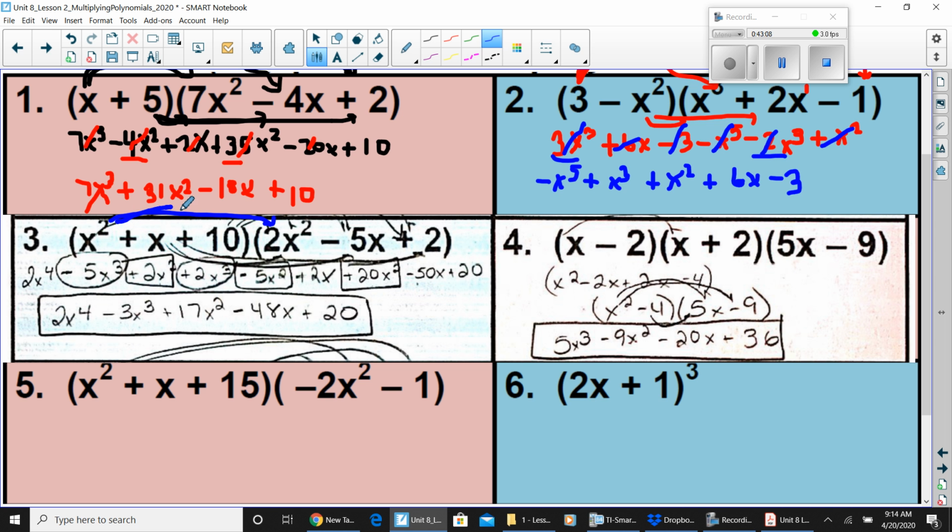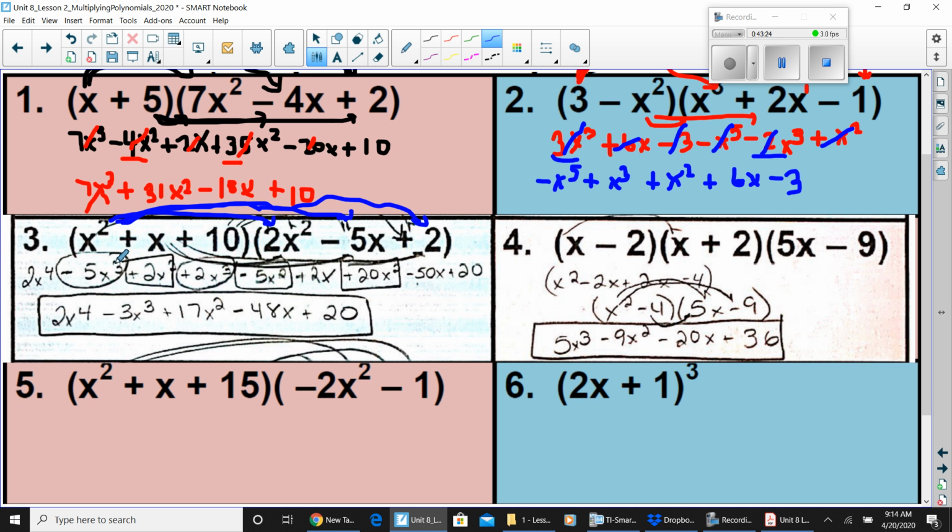Then you distribute it to this negative 5x. That's negative 5x to the third. And then finally, you take that x squared and distribute it again to the 2, and that is plus 2x squared.